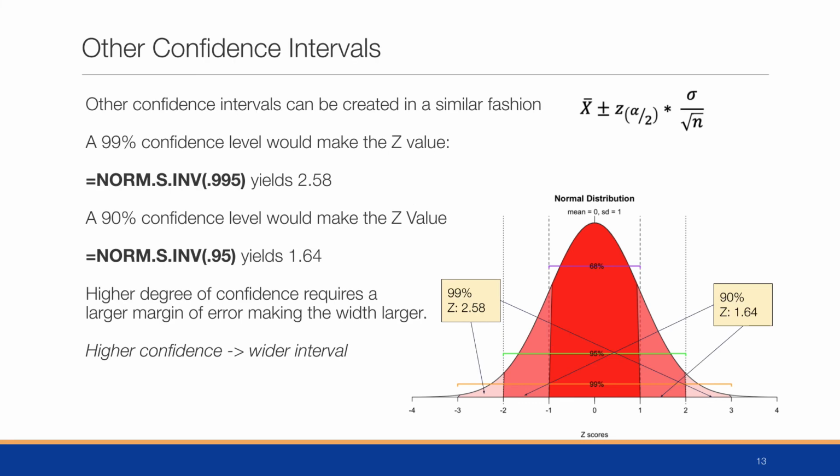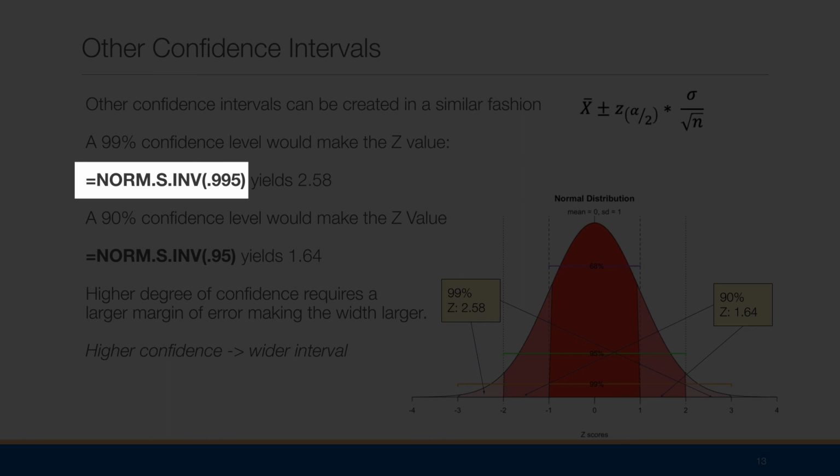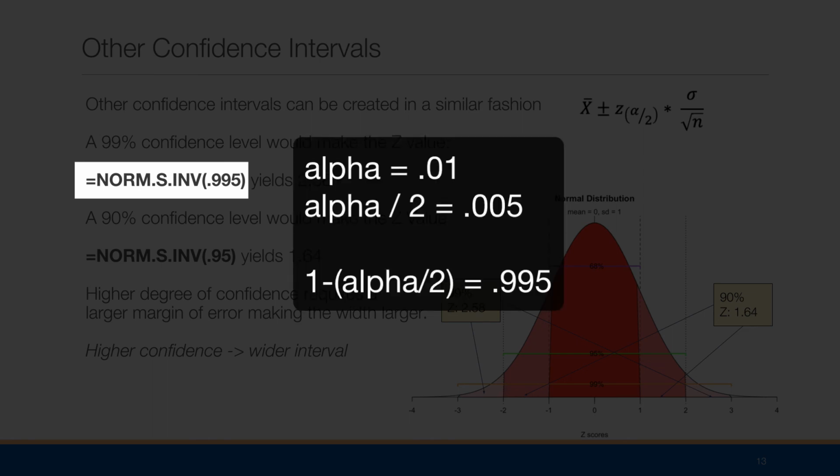Now, we can obtain other confidence intervals in a similar fashion. Again, using that formula up to the right, a 99% confidence interval would make the z-value norm.s.inv of 0.995. Again, our alpha is 0.01, so we're going to cut that in half, and that will give us 0.005.